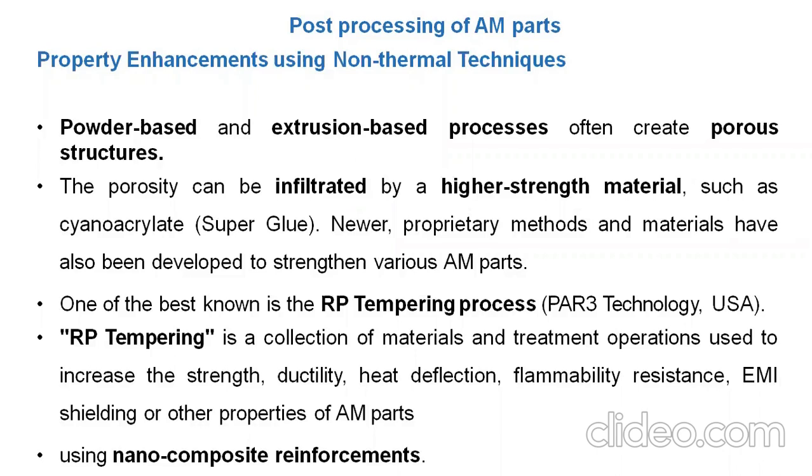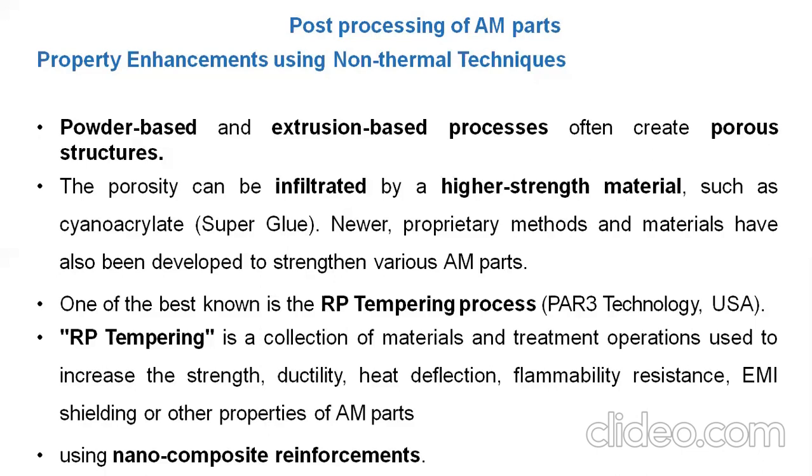Then newer property enhancement methods have also been developed to strengthen various AM parts. One of the best known is the RP tempering process. What is RP tempering? It is a collection of material and treatment operations used to increase the strength, ductility, heat deflection, flammability resistance, shielding or other properties.